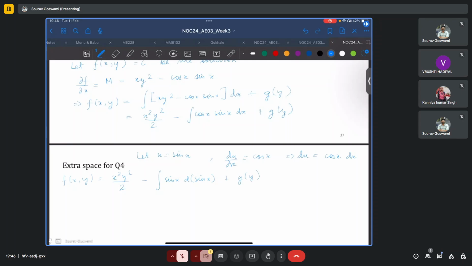And just like the integral of x dx is x square by 2, in this case also the integral of sin x d(sin x) will be sin square x by 2, plus g of y.